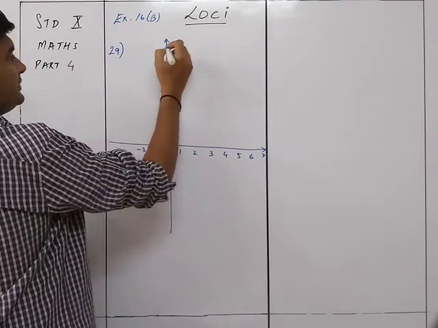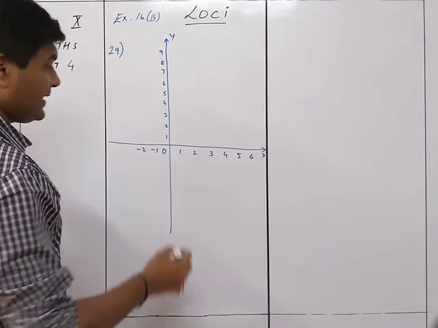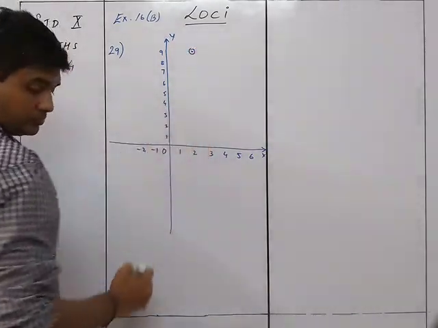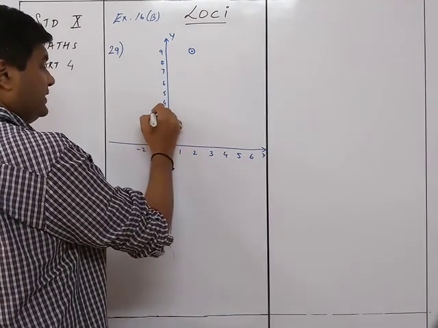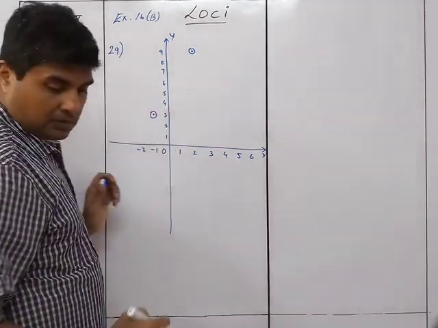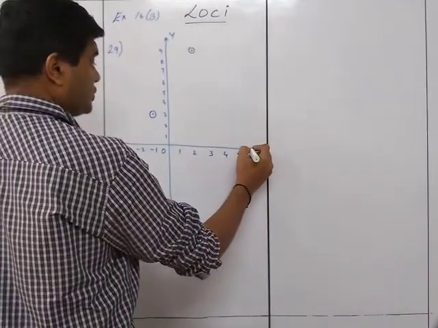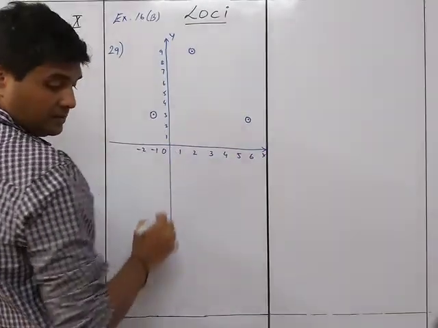Okay, so it is the ninth one. So it is given and it is 2,9. So 2,9 will be over here. The next is minus 1,3. Minus 1,3 is going to be here. Then it will be 6,3. 6,3 will be here. So this is the required thing over here.